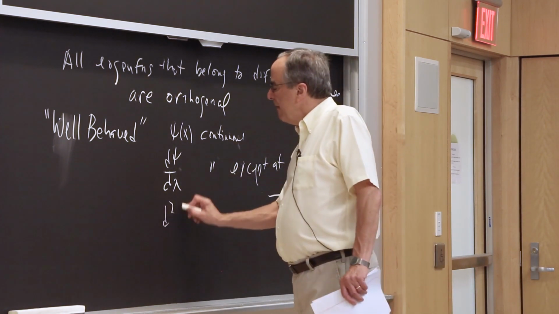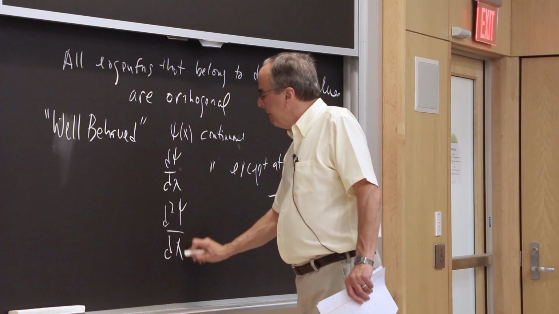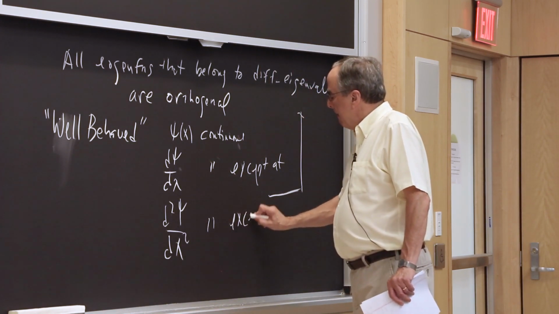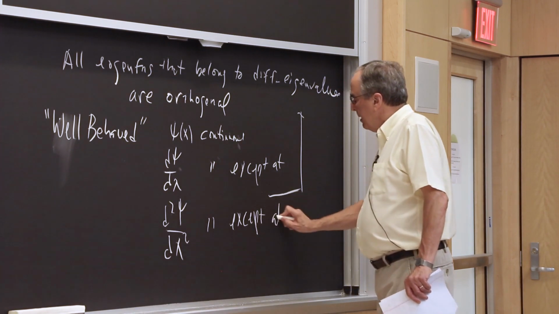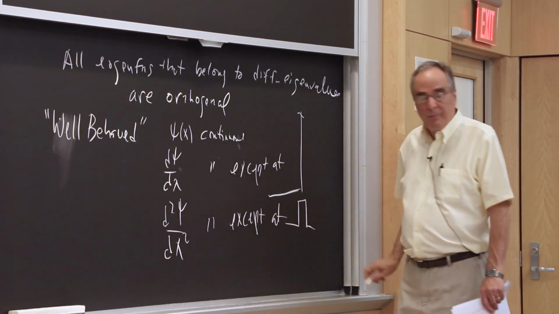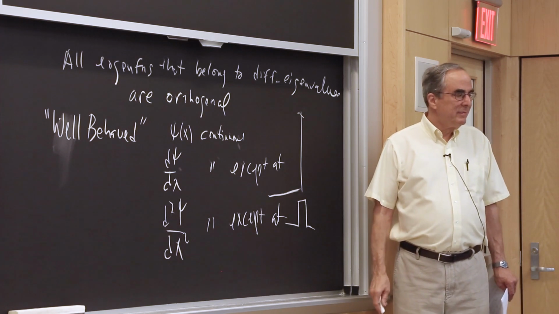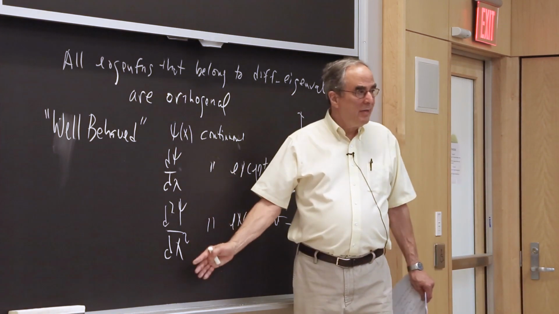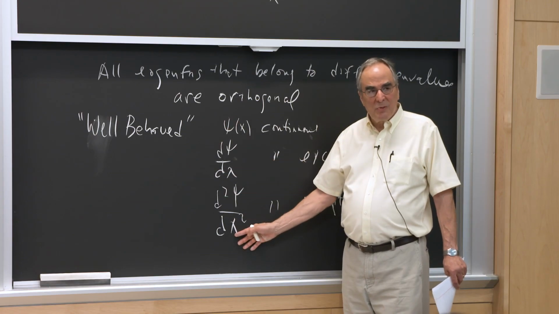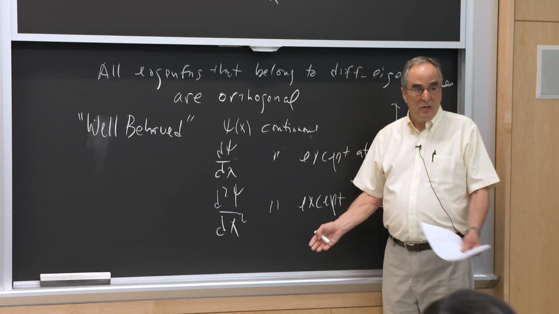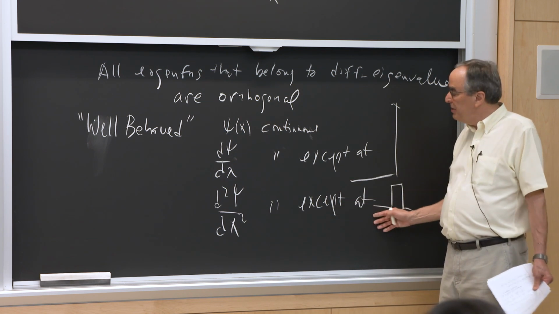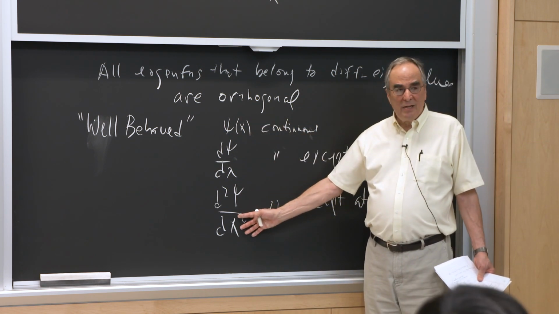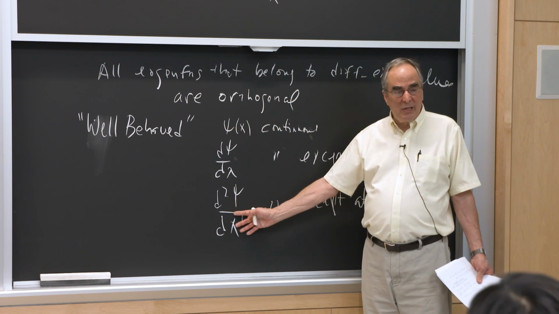That's a pretty violent thing, to make the first derivative discontinuous. And the second derivative is continuous except at any sudden change in the potential. So when you're solving 1D problems and you've got a solution that works in the various regions and you want to connect them together, these provide some rules about the boundary conditions.